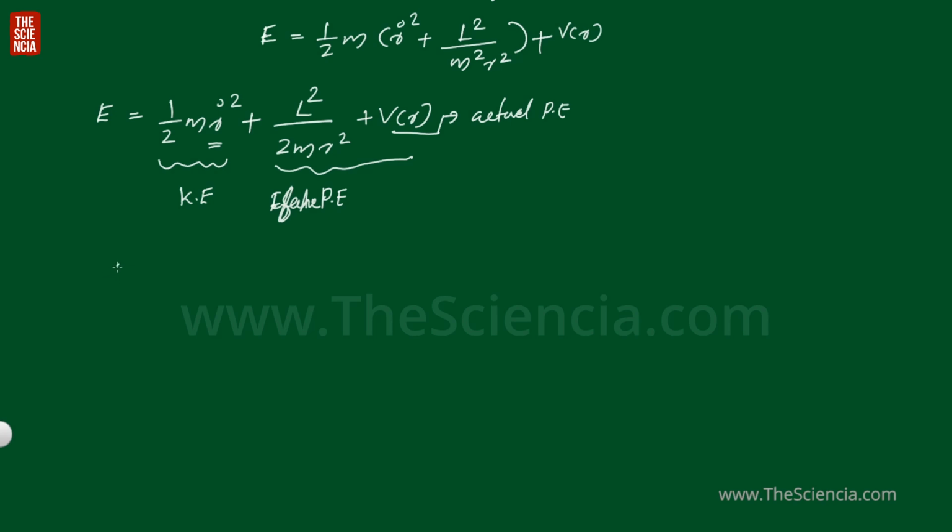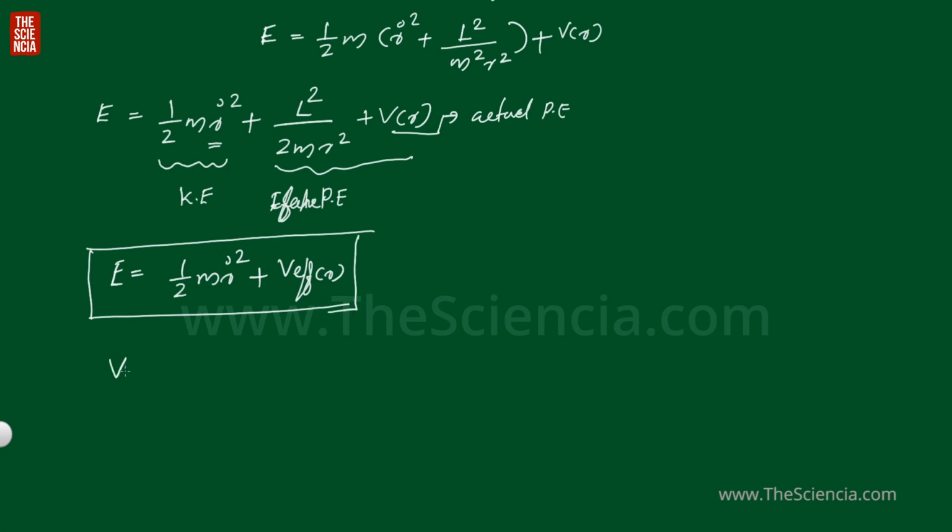So I can rewrite this equation for energy E as 1/2 m ṙ² + V_effective. And what is this V_effective? V_effective is equal to L²/(2 m r²) + V(r).